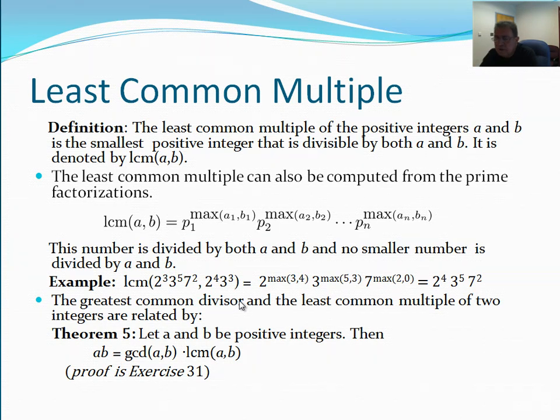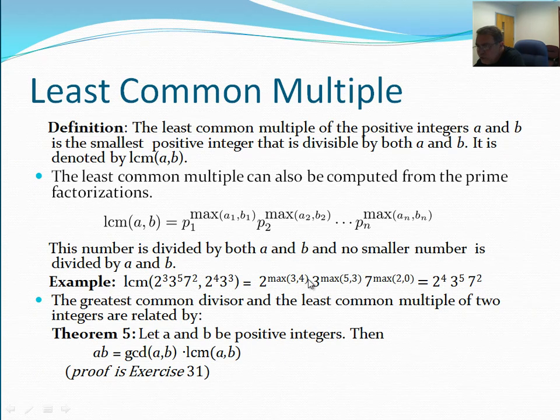But for example, let me do this one. There are two numbers. One of them is written in this format: 2 to the power of 3, 3 to the power of 5, 7 to the power of 2, and the other is 2 to the 4 multiplied by 3 cubed. So 2 as a P1, the maximum of 3 and 4, then 3, maximum of 5 and 3, and 7, maximum of 2 and 0.